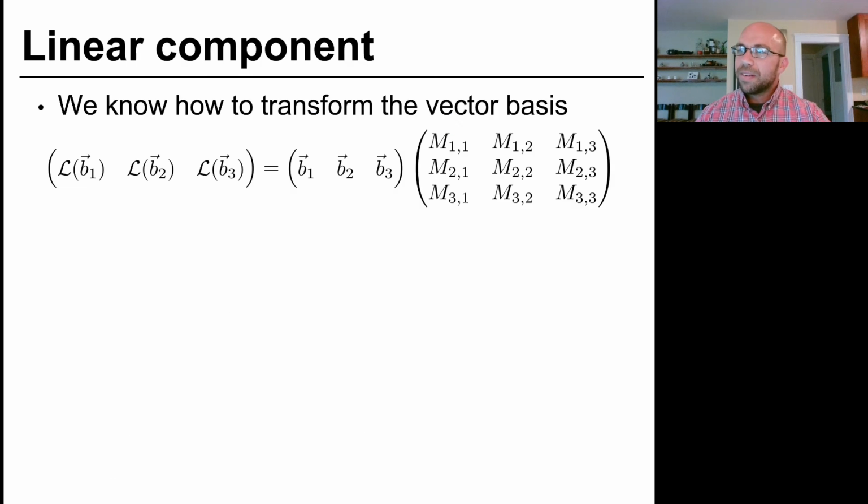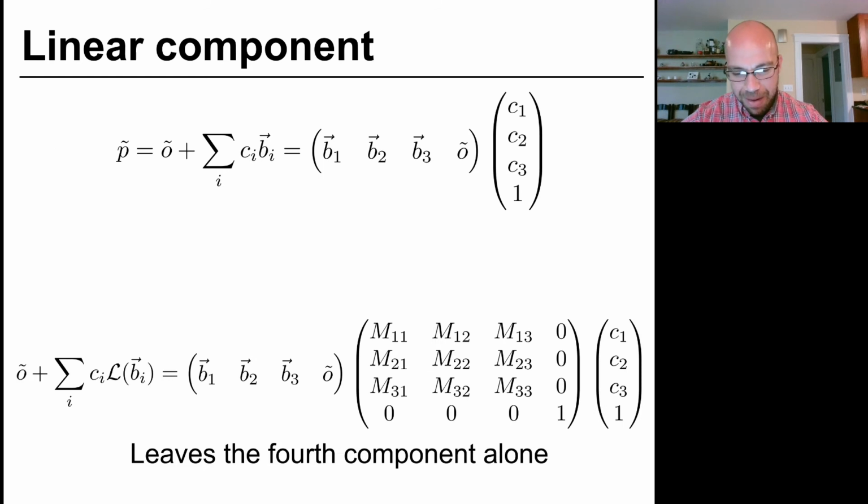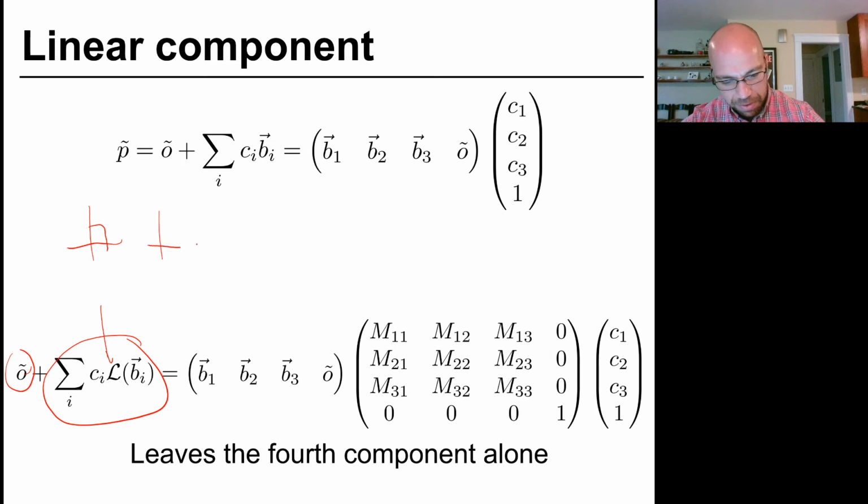Okay, so we already know how to apply linear maps to transform a vector basis. So now if I have a point, essentially I can still use my linear map, and the way that I'm going to do that is by saying, well, a point is the origin plus a displacement. So a linear map is really a thing that just applies to the displacement. Like if I'm talking about rotating an object, like taking this little square and rotating it to some other square, in order to do that kind of a map, I'm leaving the origin alone, and I'm just messing with the displacements.